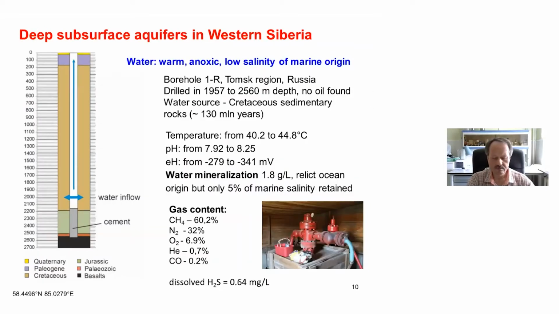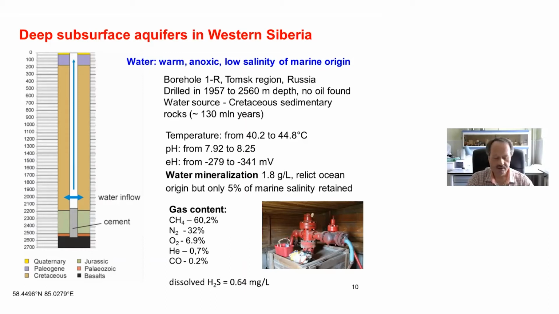This oil exploration borehole was drilled 50 years ago through sedimentary rocks until the Paleozoic basement. I will not go deep into technical details of drilling and testing of a borehole, but the summary is that the water originates from an aquifer about 2 kilometers deep, located in Cretaceous sediments.